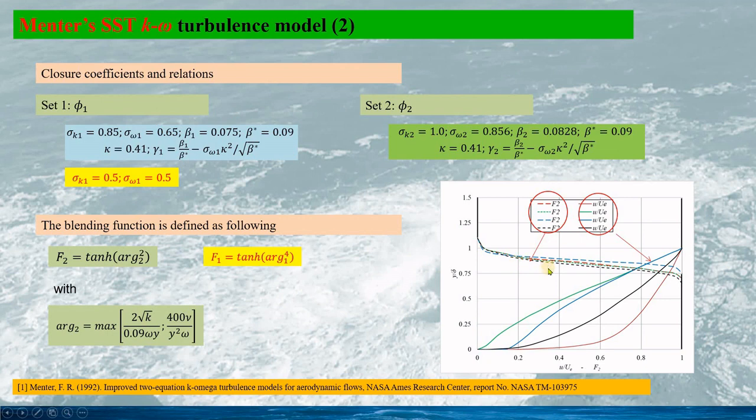And we can see from this blending function, Menter's SST k-omega model starts to blend at nearly 3/4 of the boundary layer thickness. Another difference for Menter's SST k-omega model is that the blending function is not very sensitive to the different boundary layers. This is a very important feature for Menter's SST k-omega turbulence model.